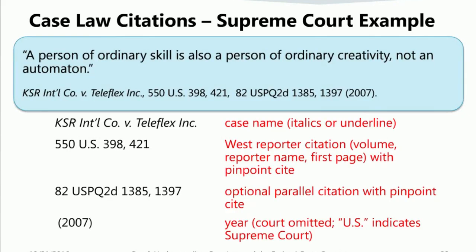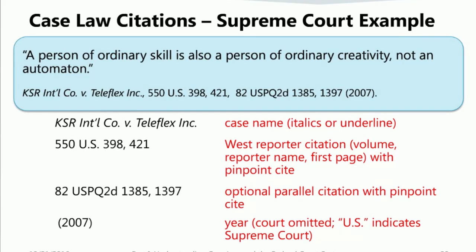Here is an example of a citation of a quote from KSR versus Teleflex, which was a Supreme Court decision. The first part of the citation is the case name, and it is usually underlined or italicized. Next comes an indication of where the case can be found. 550 is the volume number.